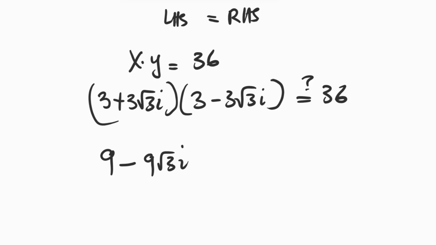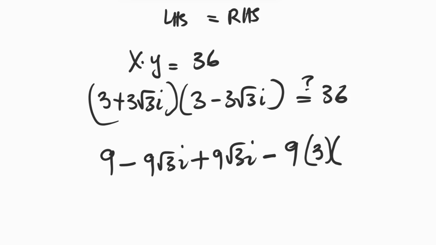Then plus 3 root 3i times 3 will give us plus 9 root 3i. Then plus 3 root 3i times minus 3 root 3i, if we multiply, will give us minus 3 times 3 is 9, and root 3 times root 3 will give us 3. And then i times i, because i is equal to square root of minus 1, right? And then times root of minus 1.